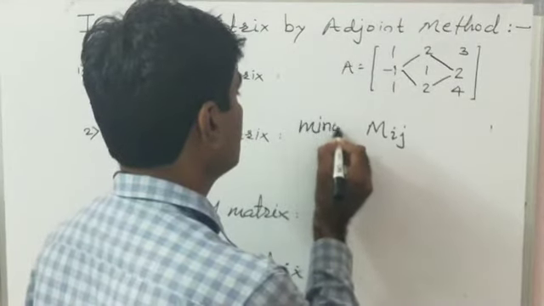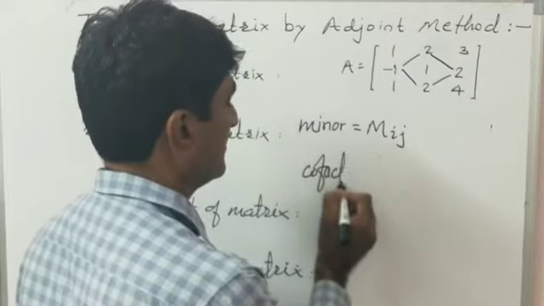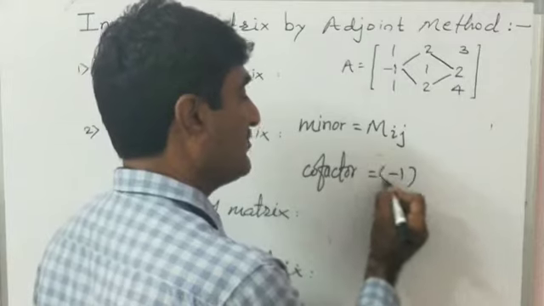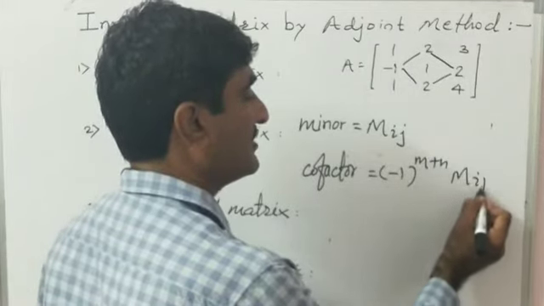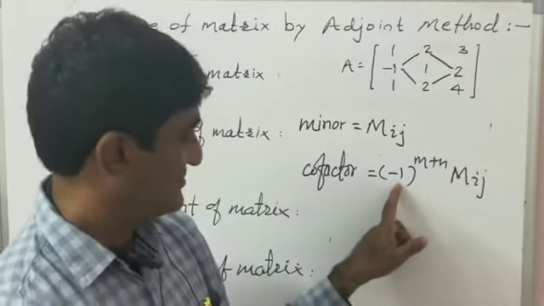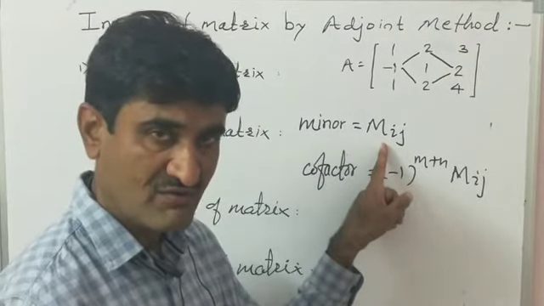If this is the minor, then the cofactor is -1 to the power m plus n times Mij, where this is the minor and this is the coefficient. In the minor, we only find the determinant of order 2 by 2.